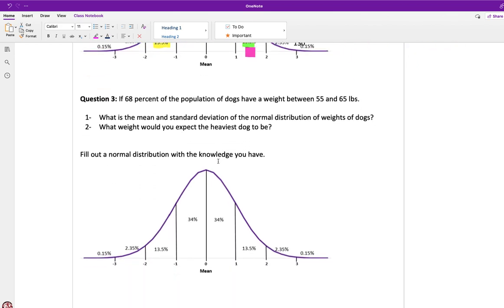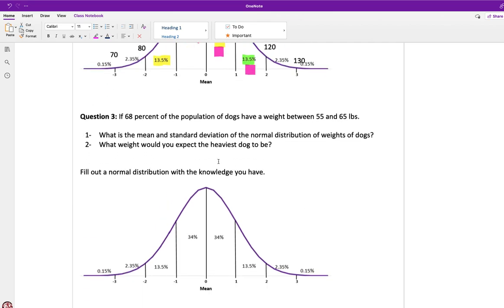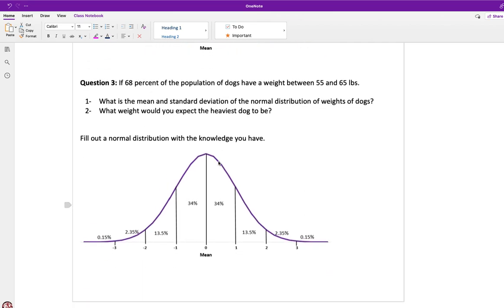So here we go. Here's a different one. Feel free to pause and return, and I can answer questions tomorrow. Go back and rewatch the video. If 68% of the population of dogs has a weight between 55 and 65 pounds, now I just made up the thing, dogs. I know some people have a little dog, such as Emma's dog, that won't weigh this much, but let's talk about real dogs. That's the only information we know. But it gives us a key here of 68% with these two numbers as the brackets.